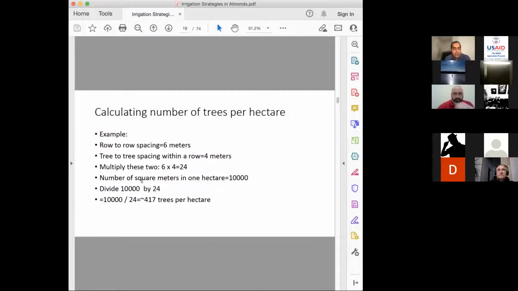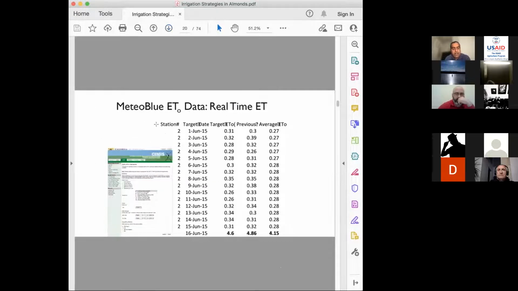I don't think I need to go over calculating the number of trees per hectare. You can figure this out, and you have a copy of this presentation as well, I believe. So you calculate your number of trees per hectare. Then you have web resources like Meteor Blue that give you the reference evapotranspiration data.